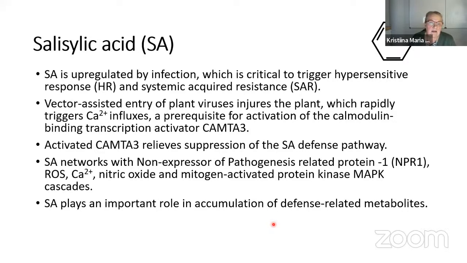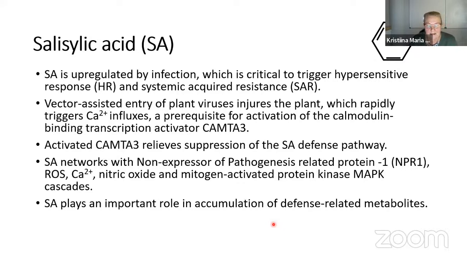There is upregulation of the salicylic acid biosynthetic pathways in the chloroplasts, and this salicylic acid production is initiated by two different pathways: the isochorismate pathway and also the phenylalanine ammonia-lyase pathway.